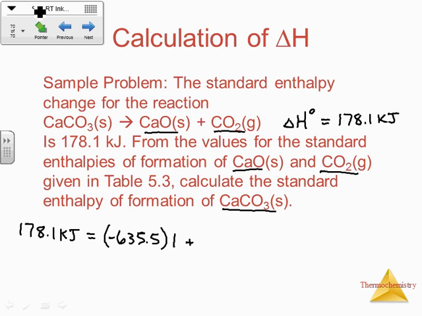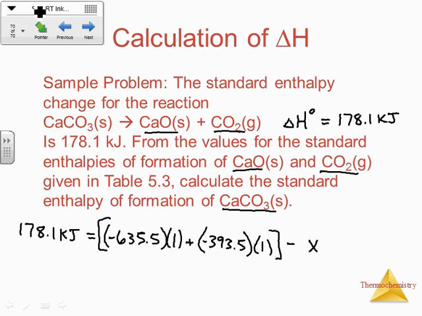Okay, and then we're adding that to the CO2, which the heat of formation for CO2 again is negative 393.5. And then we're multiplying that also by 1. Okay, and that is our product side. And we're going to subtract the reactant side from that, but that's the one that we don't know. Okay, that's our X, that's what they're wanting us to find. Even though you can look that up in that chart and it will tell you exactly what it is, we want to see if we can work backwards and find it this way.